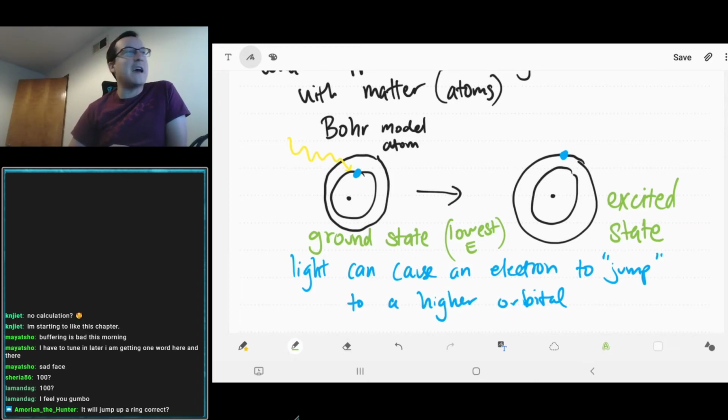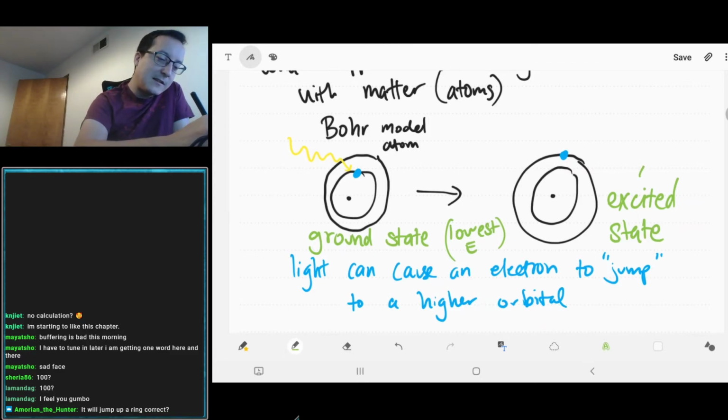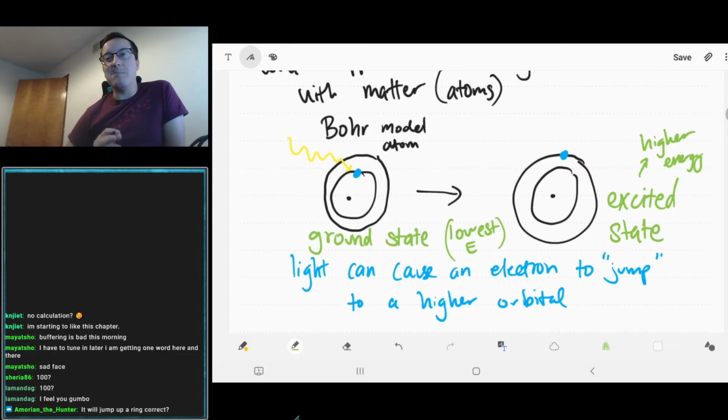And once we've zapped it with a light beam, it's going to jump up into an excited state, which has higher energy. Remember, just like matter cannot be created or destroyed, energy can also not be created or destroyed. So if we are going to give this atom some extra energy, that's going to be manifested in this kind of excited state idea.